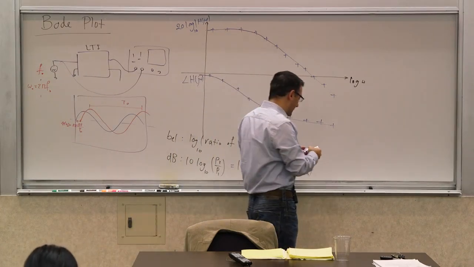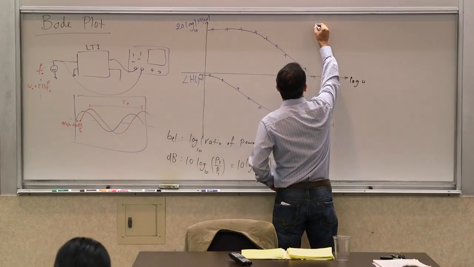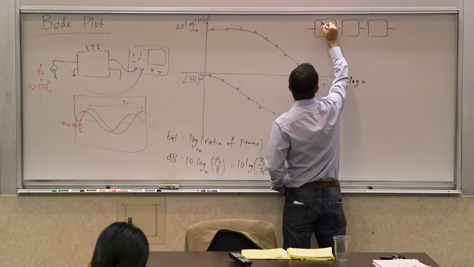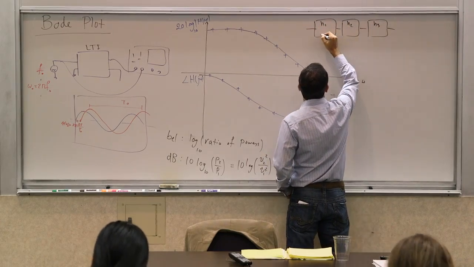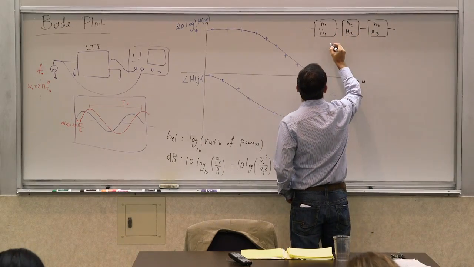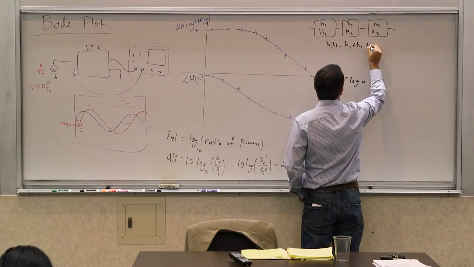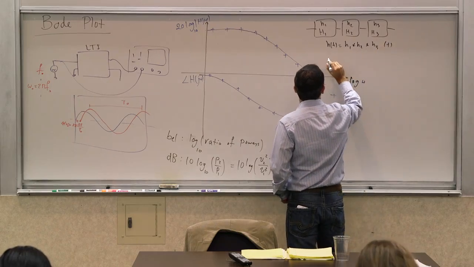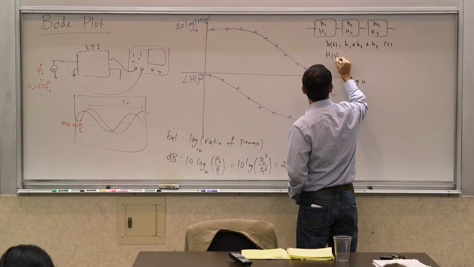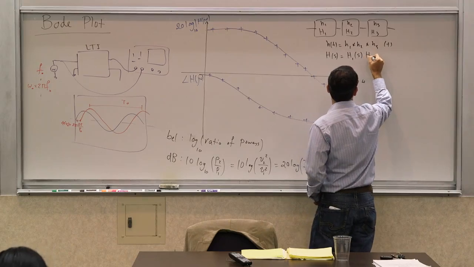One of the advantages, as we saw last time, is with cascaded systems. How does it work for a cascaded system? If you have a cascade of, let's say, 3 systems with impulse responses h1, h2, and h3, and transfer functions capital H1, capital H2, capital H3, we saw that the aggregate response is h1 convolved with h2 convolved with h3 of t, which translates in the frequency domain to the aggregate transfer function being the product of these, as we've seen before.